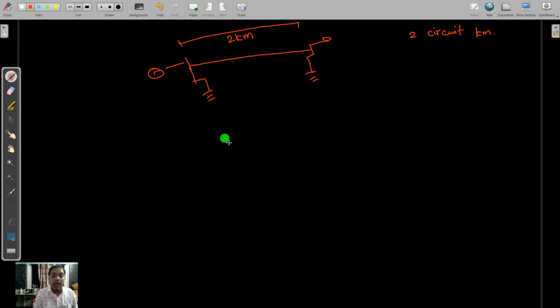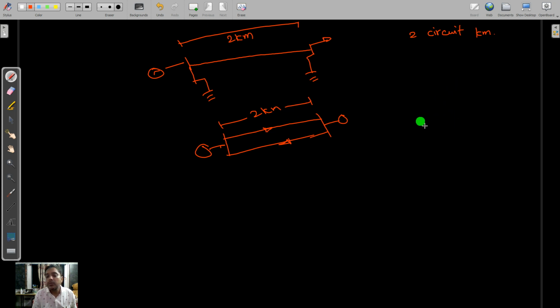But suppose I have a single phase line with one conductor going towards the load center and another working as a return conductor. The physical length is again 2 kilometer, but in terms of circuit kilometer this is known as 4 circuit kilometer.